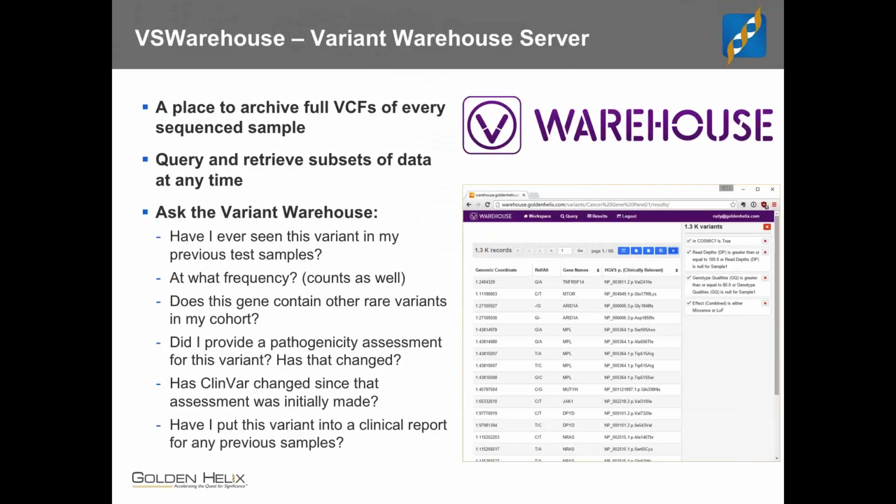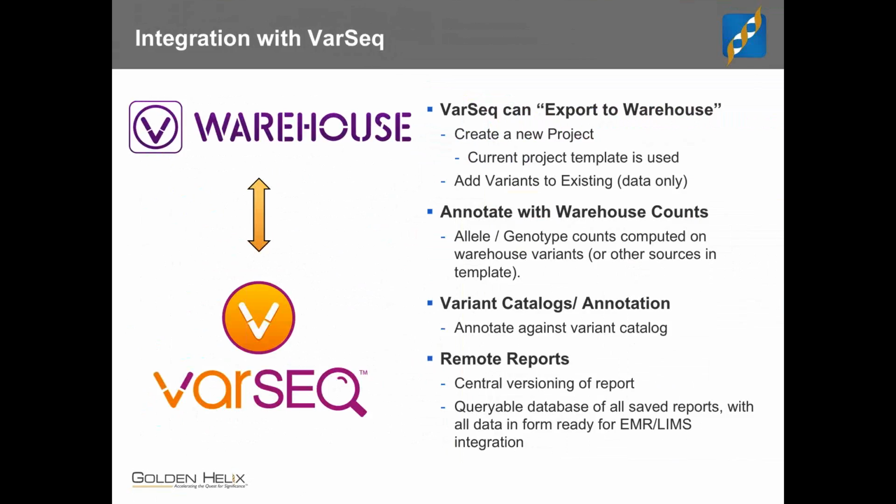So those are some questions that you can ask the warehouse and get a nice response back from it. All right, so VarSeq and Warehouse are highly integrated. Once you create a project in VarSeq, you can automatically upload those projects into the Warehouse and vice versa. You can annotate against your catalogs and your annotation sources within Warehouse down into VarSeq and vice versa.